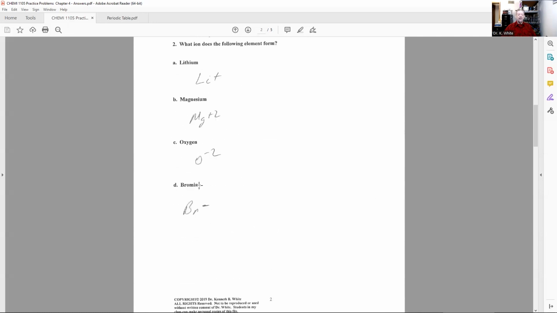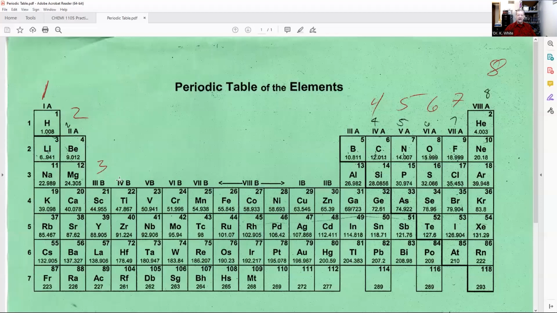Next, let's talk about what ion the following element forms. Let's do magnesium. How do you do that? Well, you have to look at your periodic table. Magnesium is at 12.